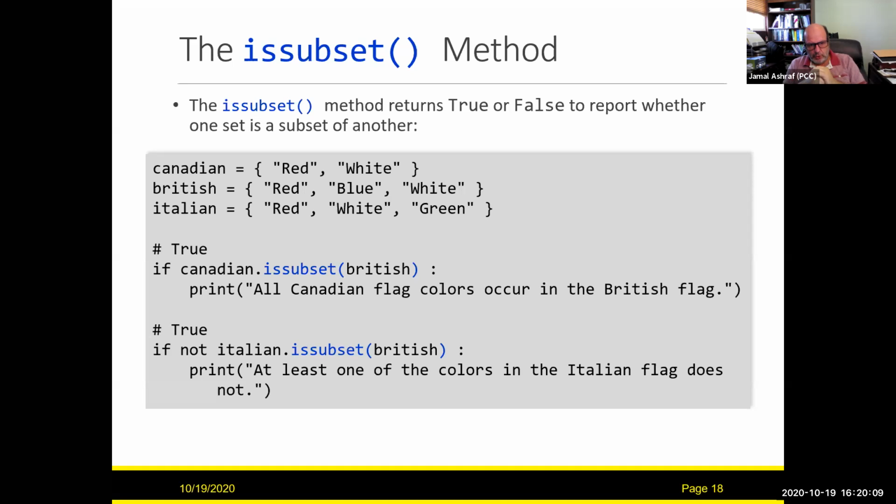I can use the word issubset. So I can use Canadian.issubset(British). It's going to be true, but Italian is not a subset of this. So we're going to be using a not, and that would be true.